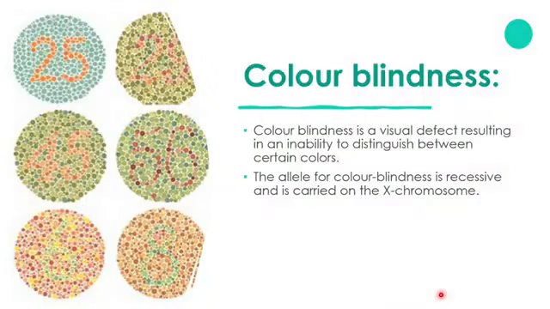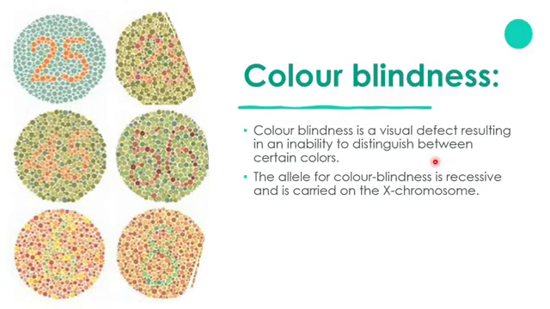With sex-linked conditions, the two that we'll look at are color blindness and haemophilia. And with color blindness, you just need to know a basic idea of what this is. So color blindness is a defect where men or women don't have the ability to distinguish between different colors.